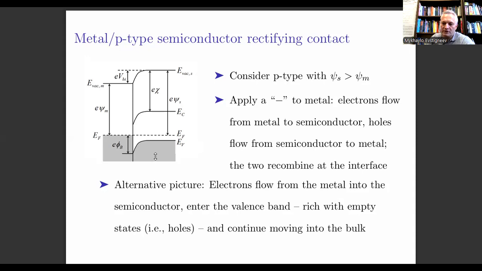The size of that Schottky barrier is high, so it is difficult for them to overcome it, but still some of them will be able to do that. So some current, the saturation current, will be flowing for a positive voltage applied to the metal. So you have exponentially increasing current when the voltage applied to the metal is negative, and very small but non-zero current when the voltage applied to the metal is positive.